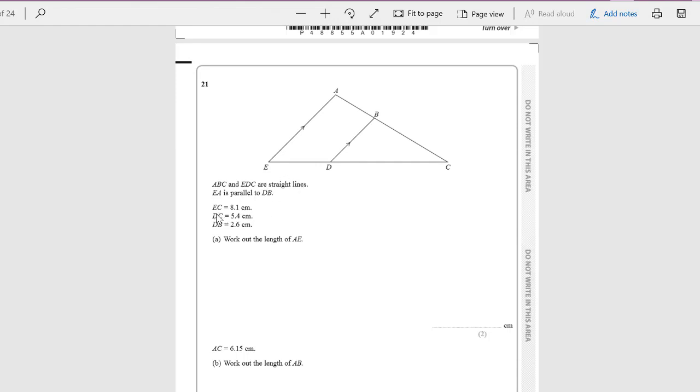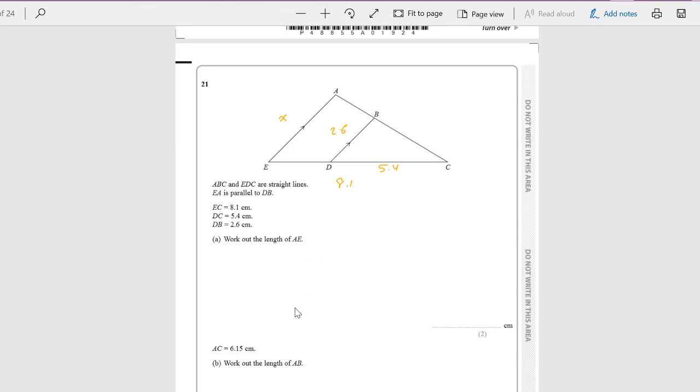And then you also said EC equals 8.1, so that whole thing is 8.1. I'm just going to put that there, centimeters. DC equals 5.4, and it says DB is 2.6. So it says work out AE. So what is AE? So I'm going to put an X there.